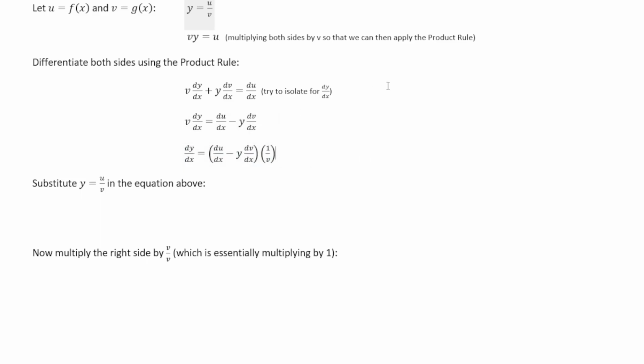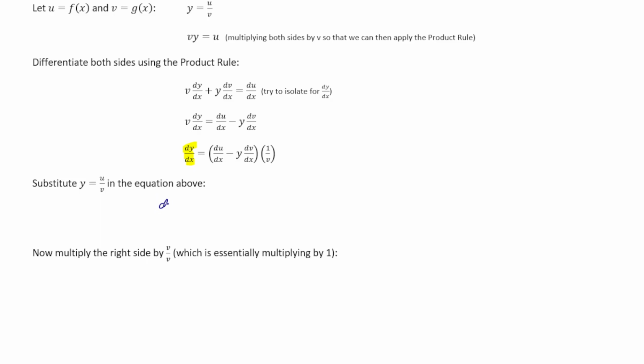The whole point is that I am trying to isolate for dy dx, because that right there is the derivative of two functions that are being divided by each other, as we see up here. Okay, so instead of y right here, I'm going to substitute u over v.